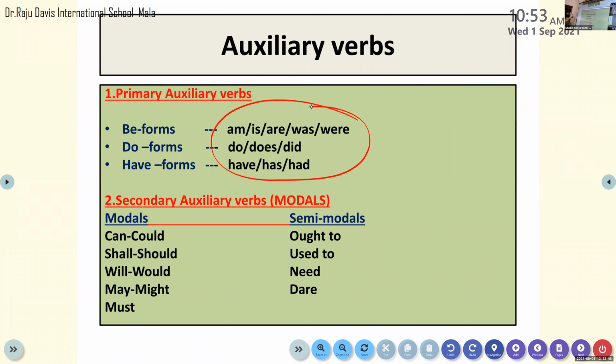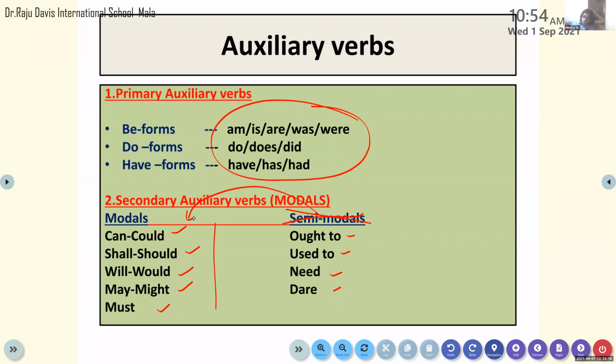Okay, secondary auxiliary verbs are divided into modals, the modal auxiliary verbs, and semi-modals. The modal auxiliary verbs, as you all know very clearly, are can, could, shall, should, will, would, may, might, must. And the semi-modals are ought to, used to, need, dare. Remember, we can label these semi-modals also under the modal auxiliary.